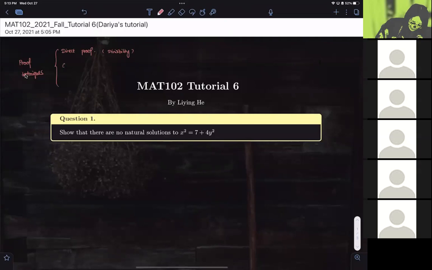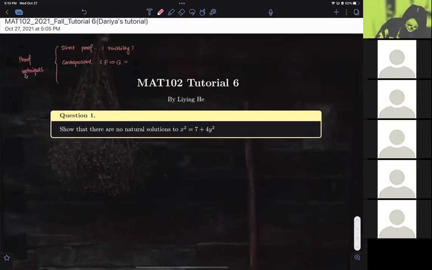The second one is called contrapositive. I should have typed it up. This is when you have P implies Q. P implies Q is logically equivalent to not Q implies not P. So this is the contrapositive of this.